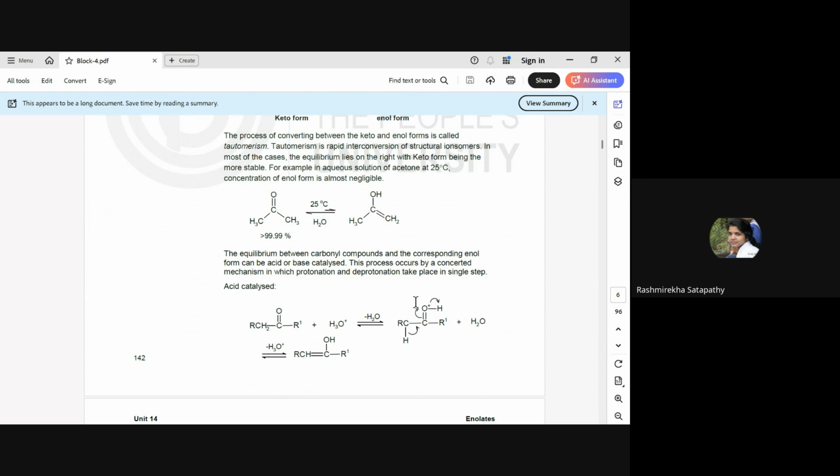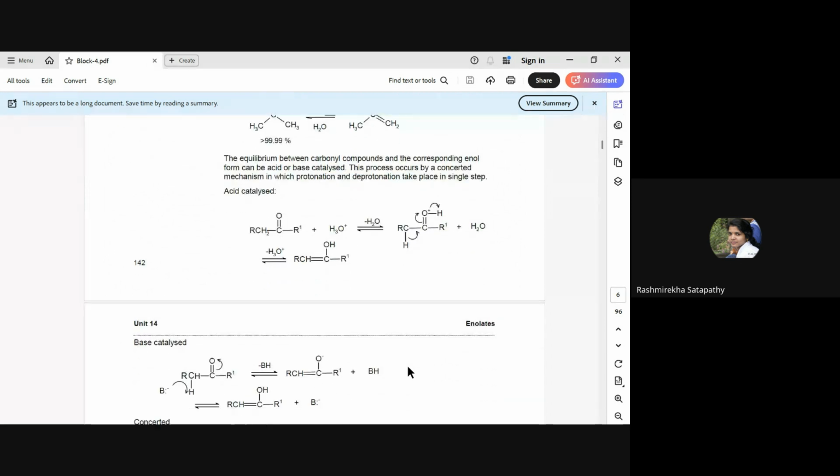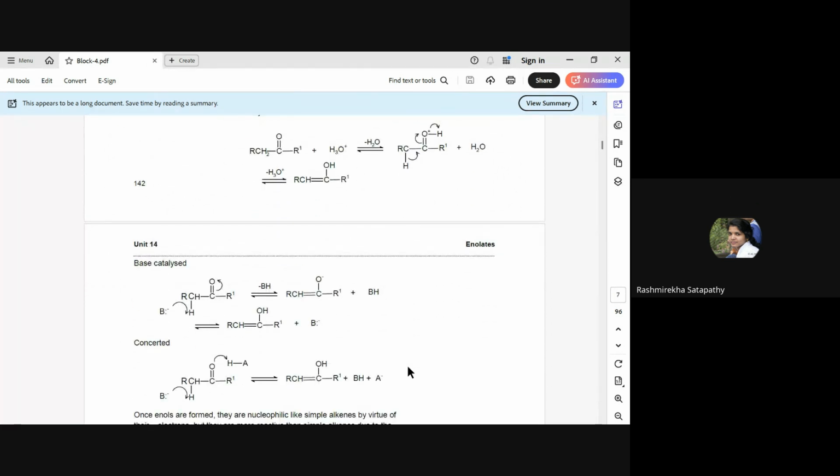Then the alpha carbon hydrogen is removed and the double bond moves, the electrons going toward the positive charge of the oxygen. Then it forms R, C double bond C, single bond OH. So this keto form is converted to the enol form in the presence of water.